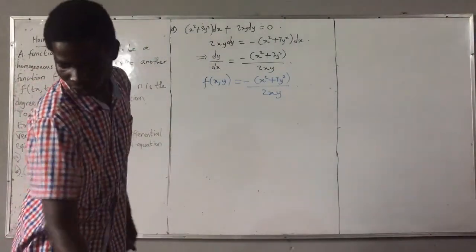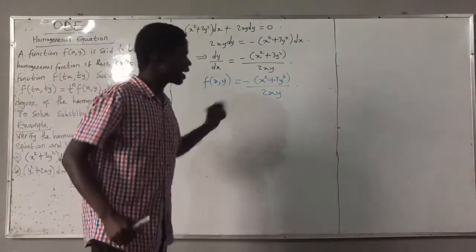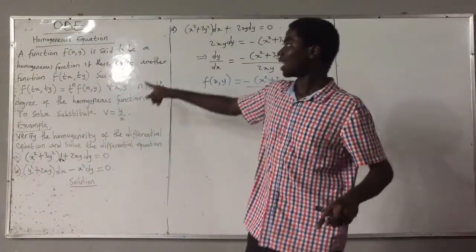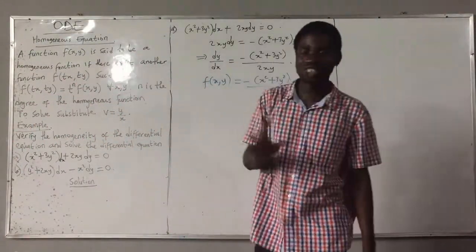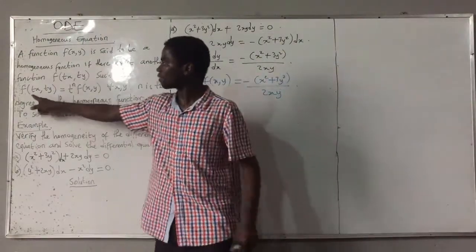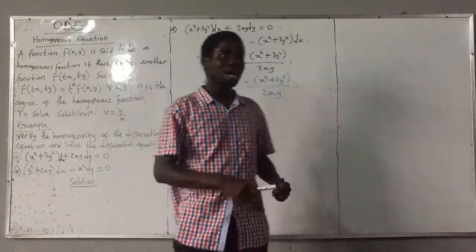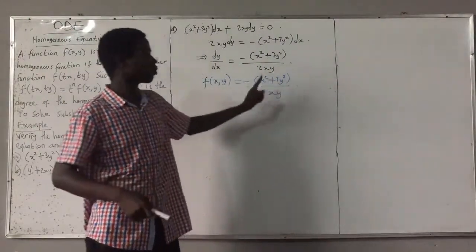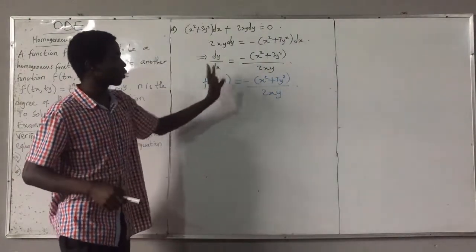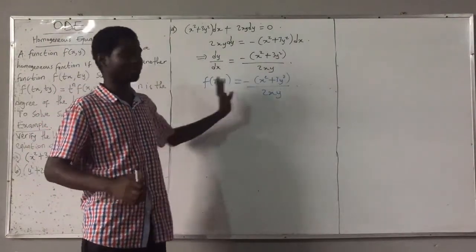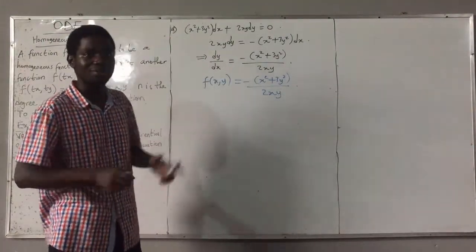Now, what am I trying to do here? A function is said to be homogeneous if f of tx comma ty equals t raised to power n f of x, y. So I have to check whether this is homogeneous. So check f of tx, ty.